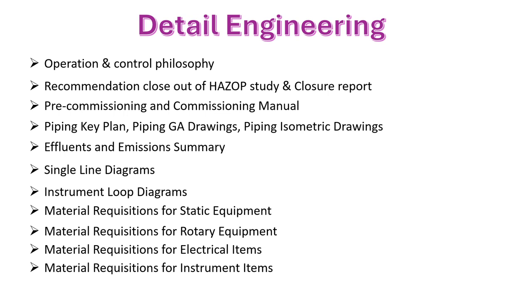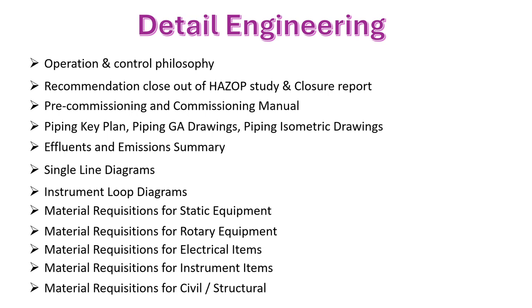Same for the instrumentation items like on-off valve, control valve, pressure transmitter, or whatever may be analyzers, level switch, and all these things. Okay, material requisition for the civil and structural.